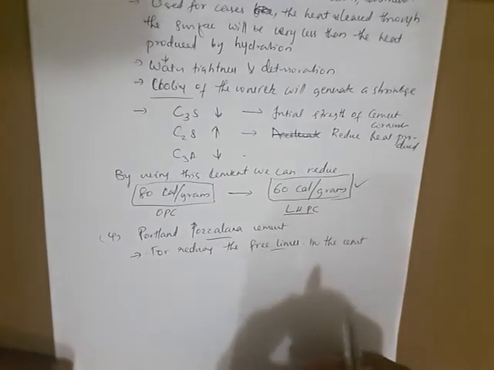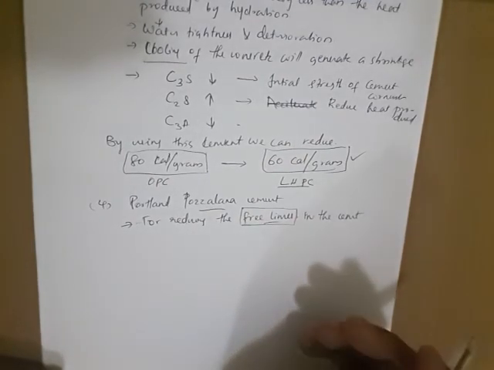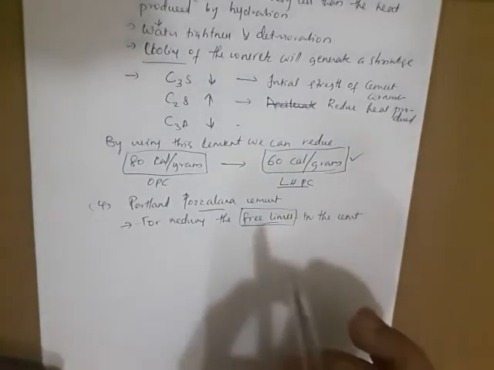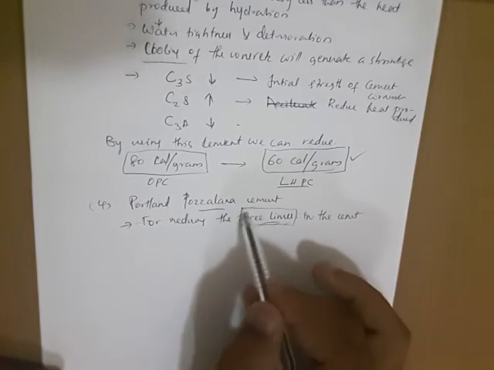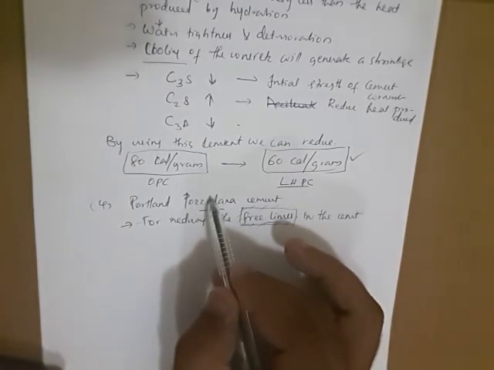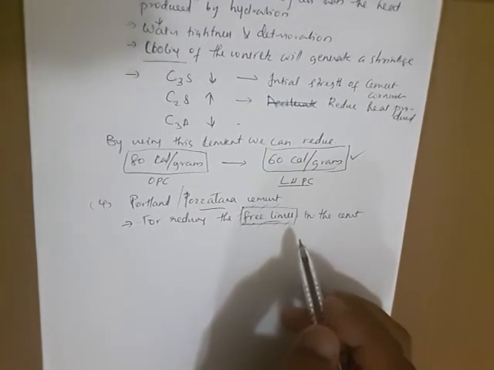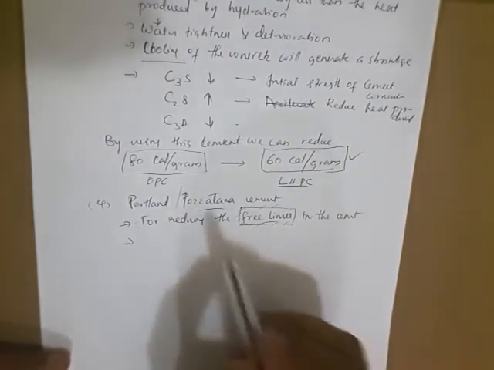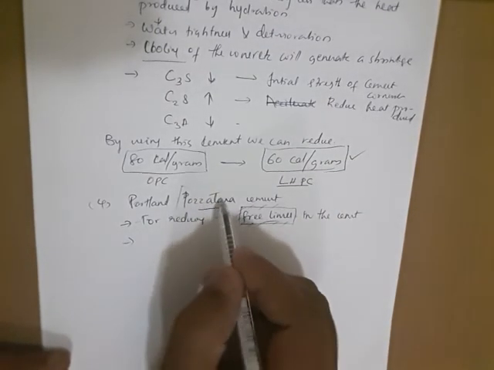Free lime is the weakest point in the cement, which can be directly attacked by alkalis, salts, and other chemical minerals. This can be removed, or made into stable lime, by mixing and grinding the pozzolana within the cement. For the optimum strength of the cement, we have to proportion the pozzolana used in this Portland cement.